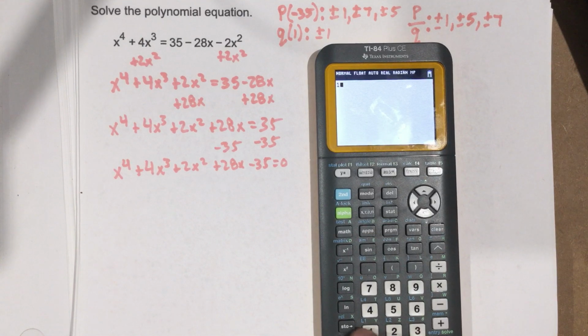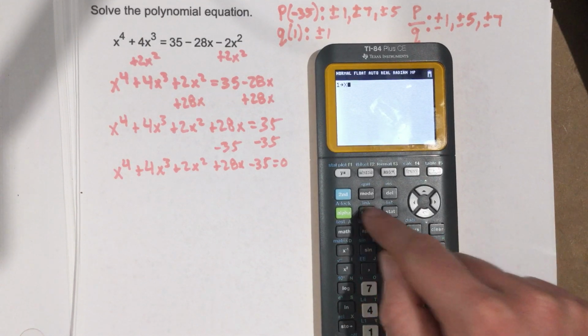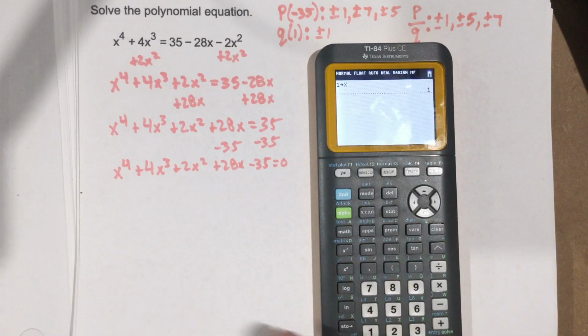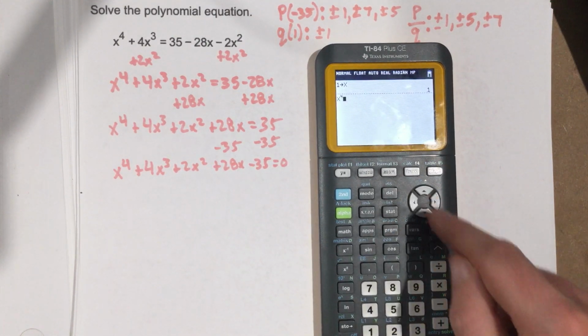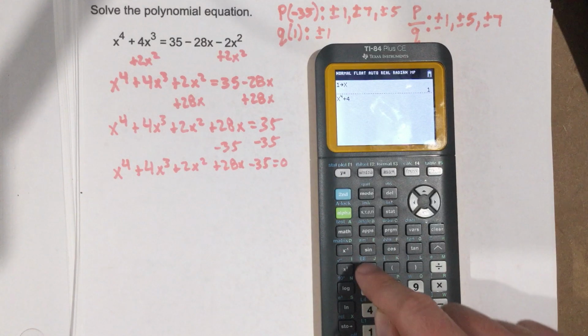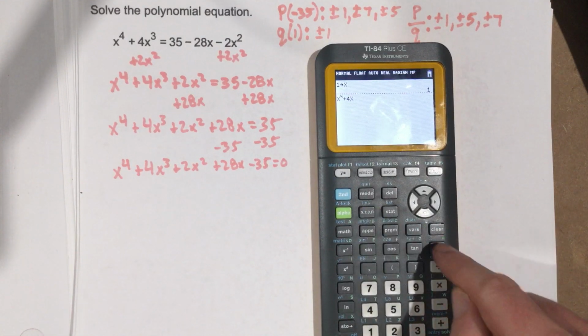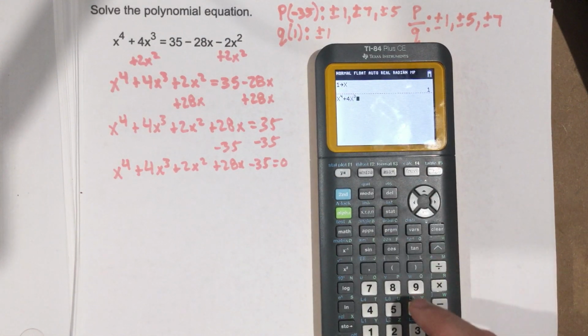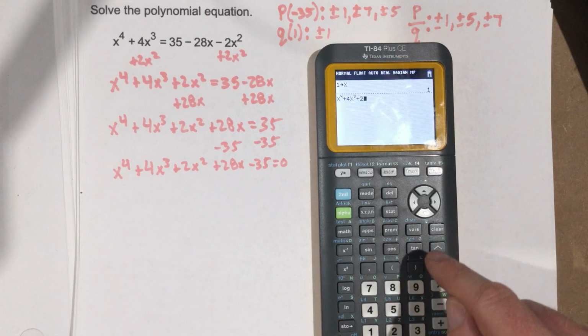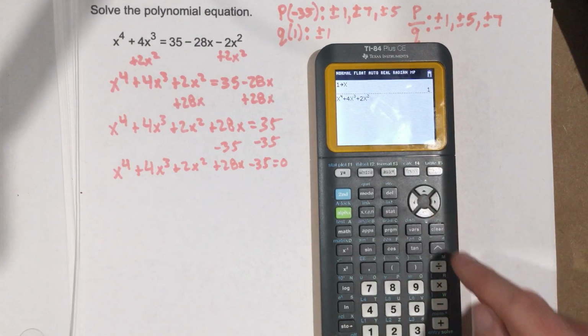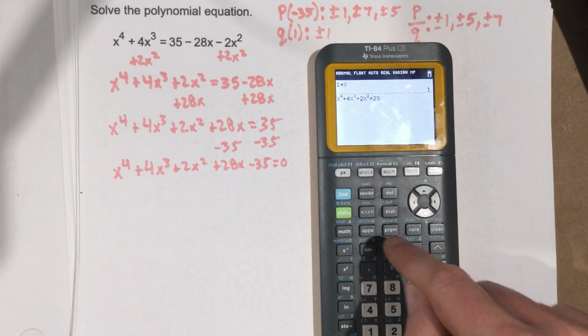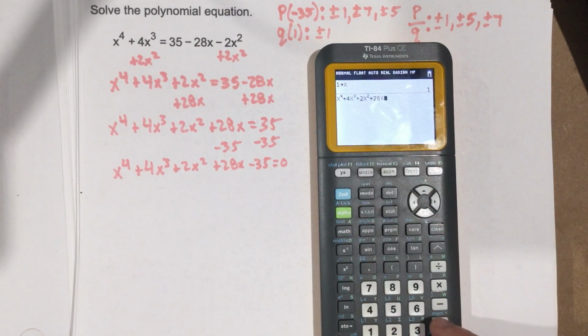So we're going to say 1, store it as x. And we're going to say x to the fourth plus 4x cubed plus 2x squared plus 28x minus 35.